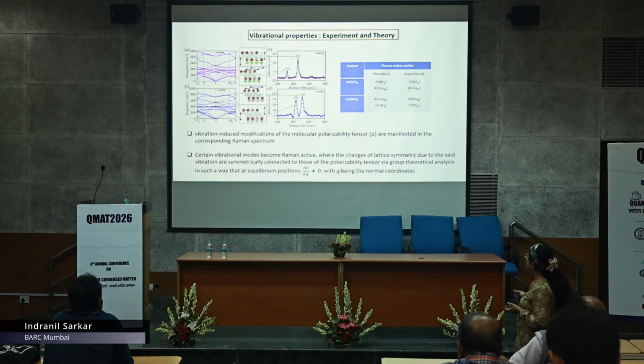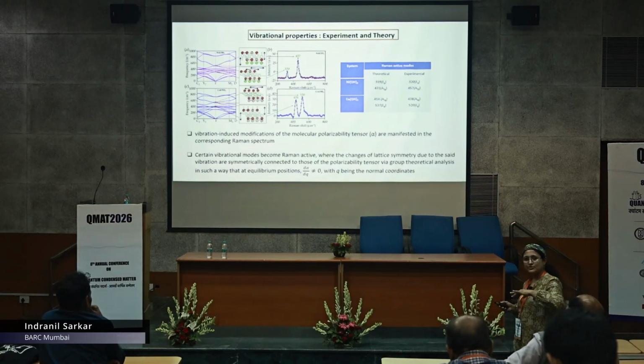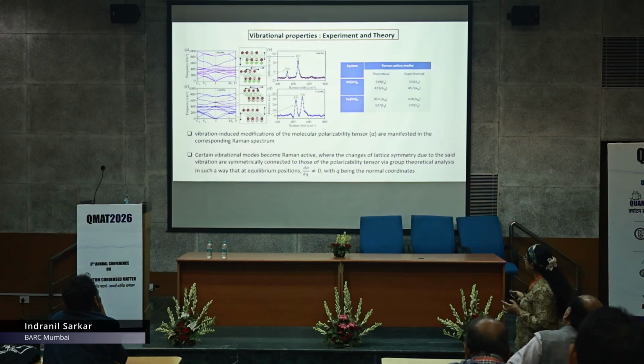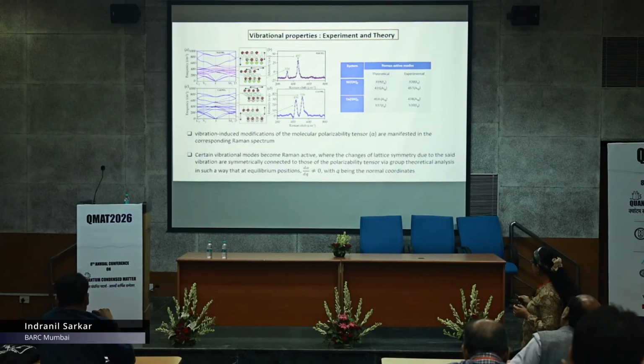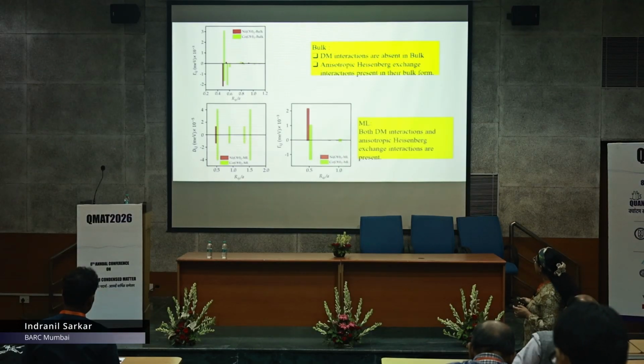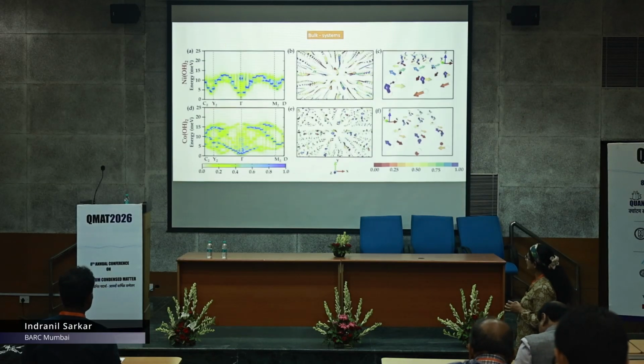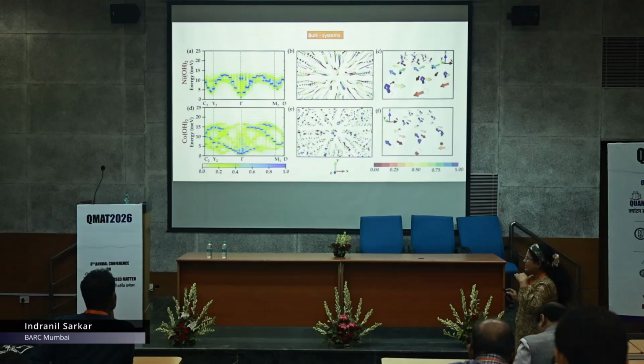For vibrational properties, the calculated Raman active modes and the experimental Raman active modes match very nicely, and we have a nice in-plane and out-of-plane distribution of these vibrations, which proves that these are all 2D systems. The calculated magnetic properties show this antiferromagnetic behavior, and there are DM and PD interactions for the monolayer, not for the bulk layers.